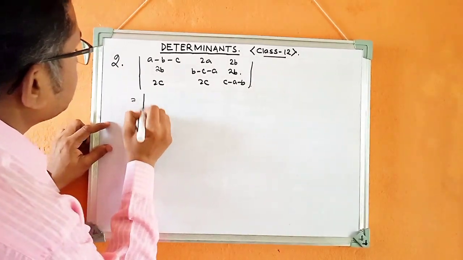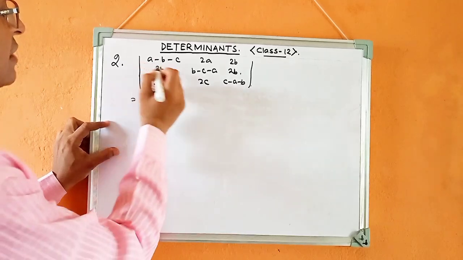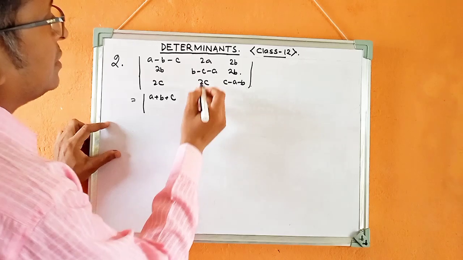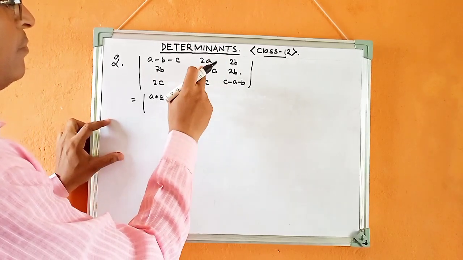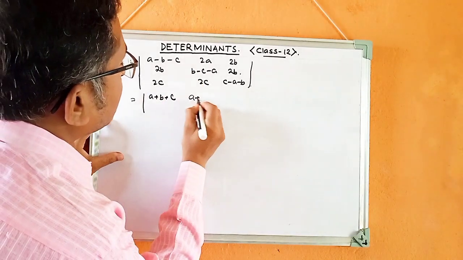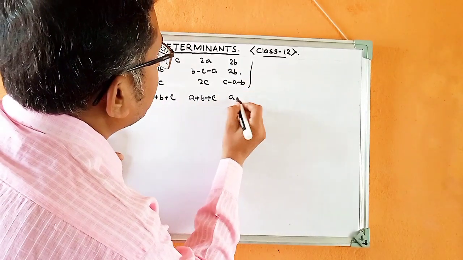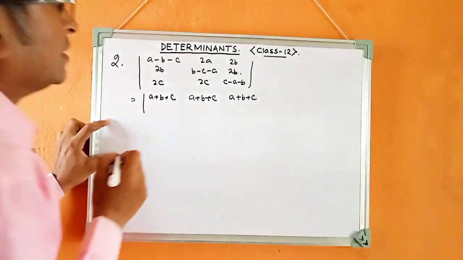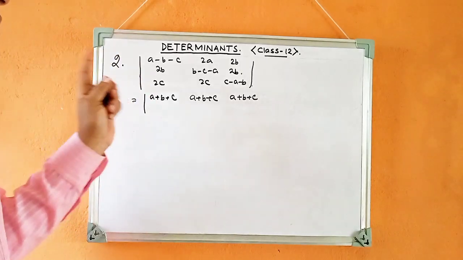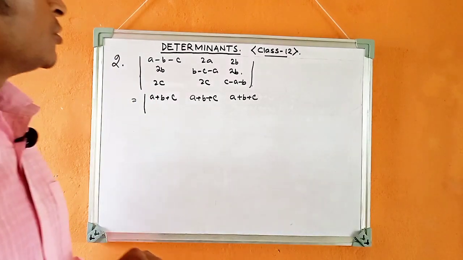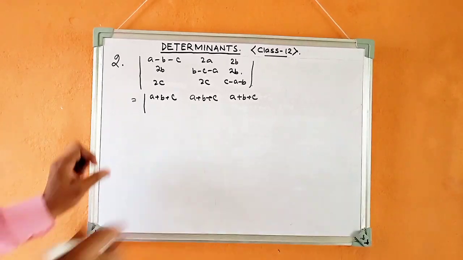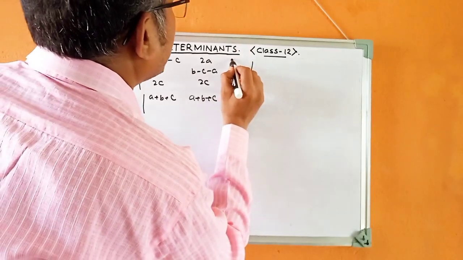So we get A plus B plus C in row 1, here also A plus B plus C, and here also A plus B plus C. Sorry, in the first there is 2A, not 2B.